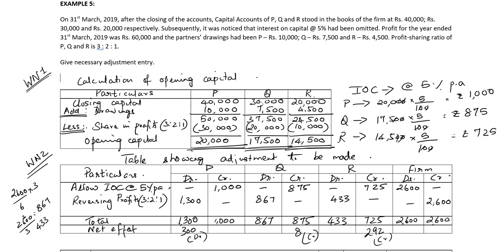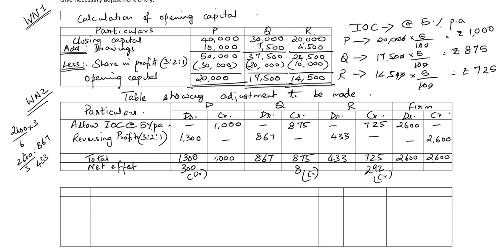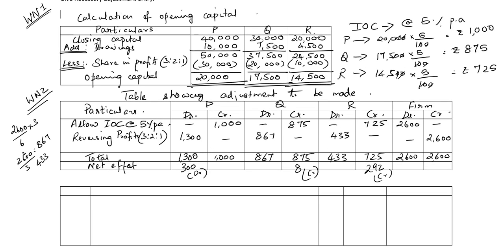Since the fluctuating capital method is being followed, we'll have to pass the adjustment entry through the partners' capital accounts.